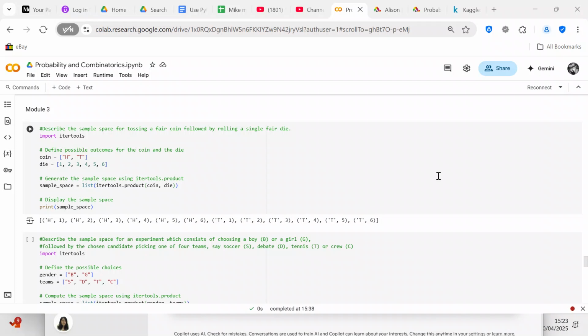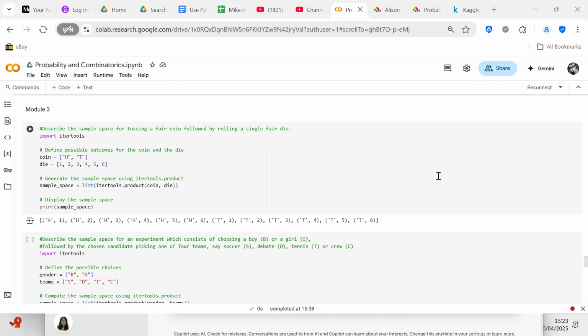The first piece of work that we used was a problem: describe the sample space for tossing a fair coin followed by rolling a single fair die. The first thing you need to do is import the library itertools, and define the possible outcomes for the coin and the die.